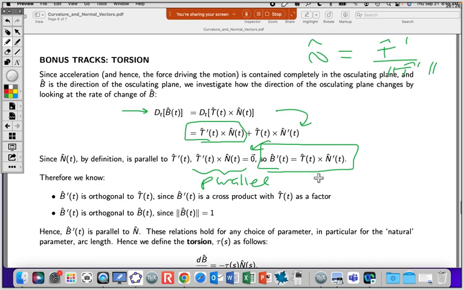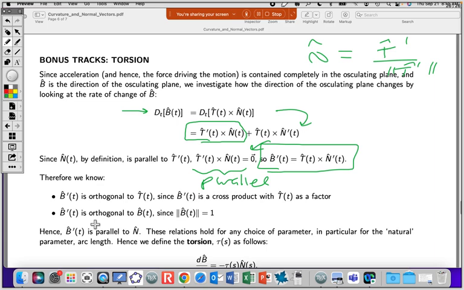And so what do we know? Since it's a cross product, it's going to be orthogonal to t hat. And it's going to be orthogonal to b hat because b hat is a unit vector. So since b hat's a unit vector, it's orthogonal to its derivative. But this says it's also orthogonal to t hat.